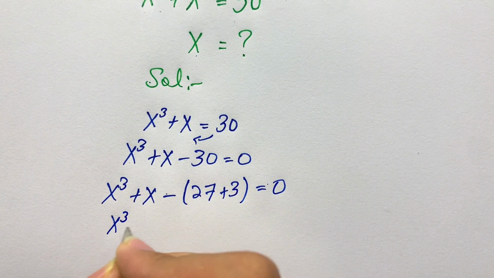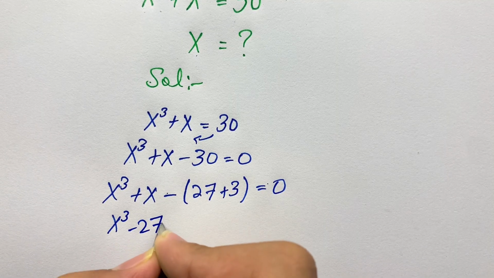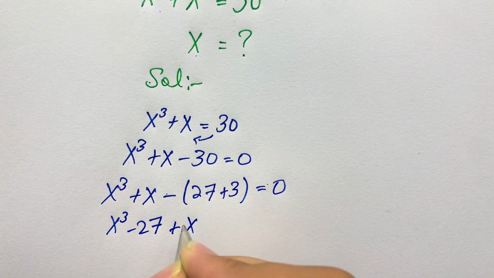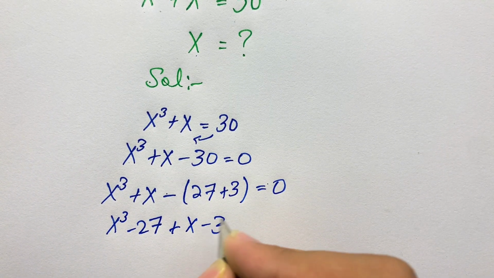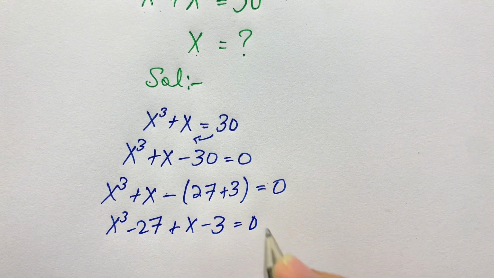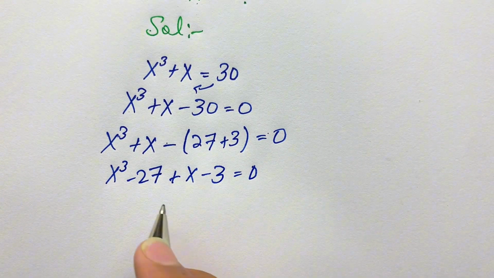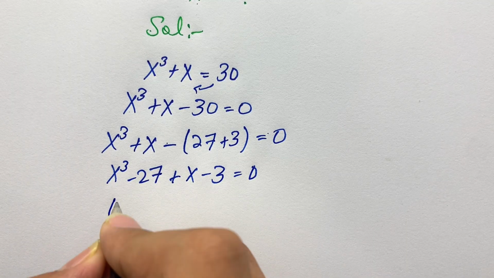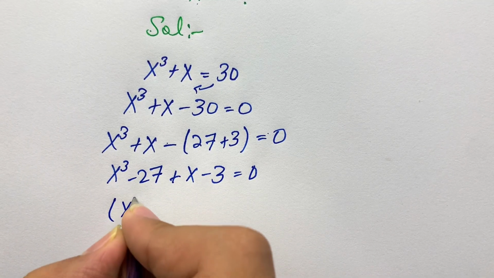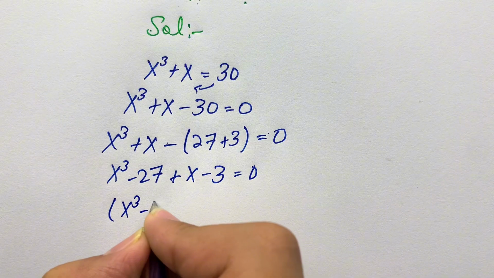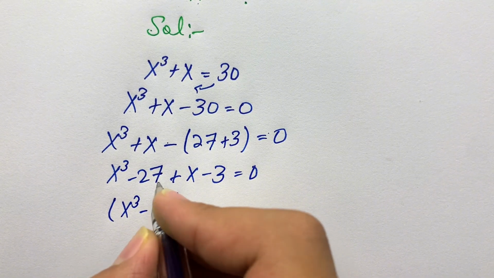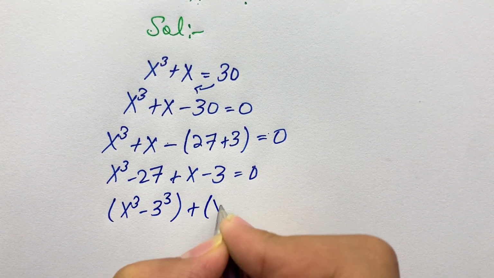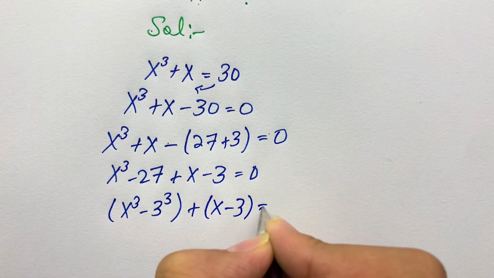So x cubed minus 27 plus x minus 3 is equal to 0. This will be x cubed minus 3 cubed plus x minus 3 is equal to 0.